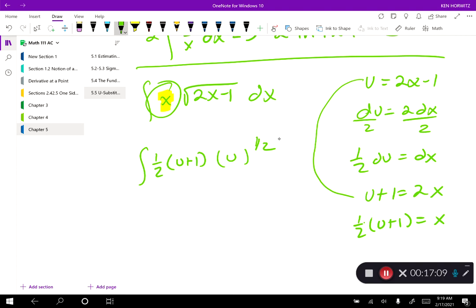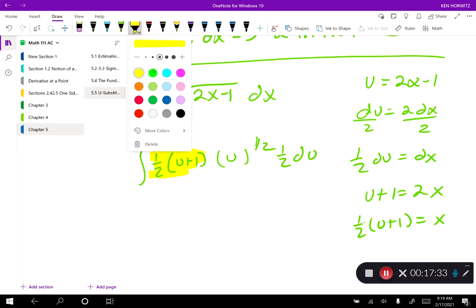And in order to make my substitution complete, I'm going to do times 1/2 du. So basically I had three things to substitute. This was the substitute for x.